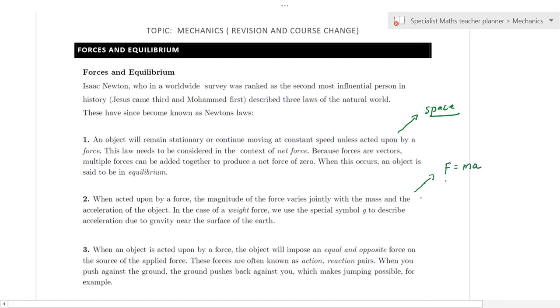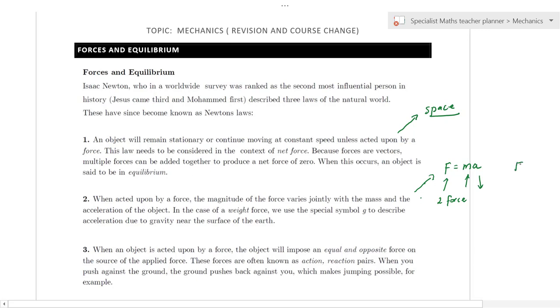Now, if I apply twice the force to the same mass, then we're going to have twice the acceleration, and vice versa. If I apply half of the force to twice the mass, it's going to give the same acceleration.